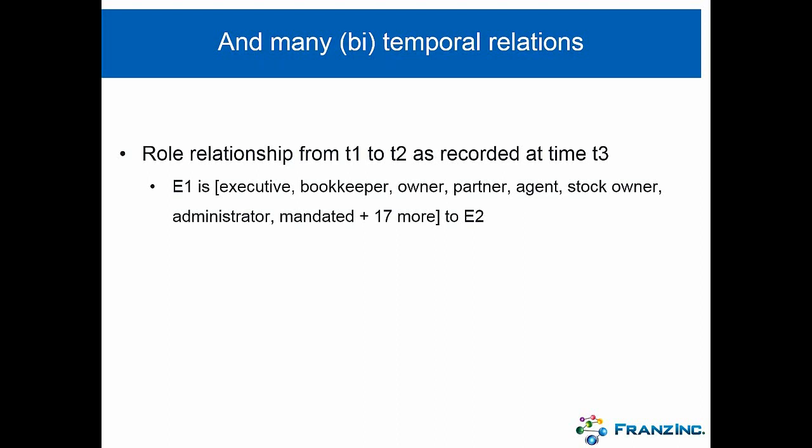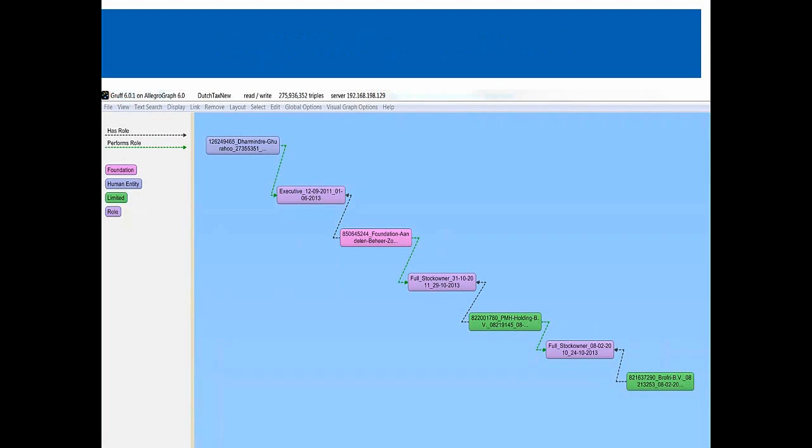And you might have a particular role relationship between them. So a direct relationship is possible, but it was much better to have a role relationship in the middle. And so here is a graph picture, and graph is our visualization tool on top of AllegroGraph, where you see that a particular person, Dharmendra, was an executive from 12/9/2011 to 1/6/2013 for this particular foundation.